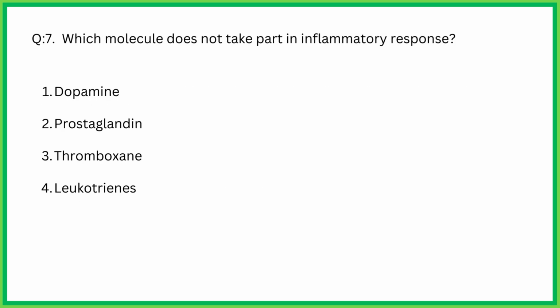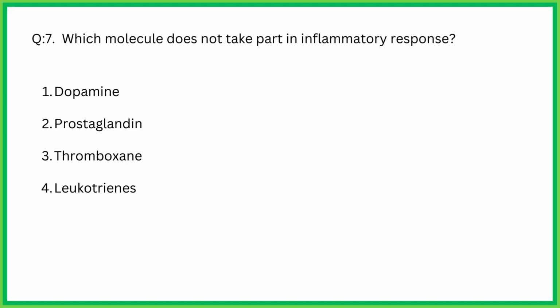Question number 7. Which molecule does not take part in inflammatory response? Option 1, dopamine; option 2, prostaglandin; option 3, thromboxane; option 4, leukotrienes. At the time of inflammatory responses, mostly prostaglandin, thromboxane and leukotrienes take part.